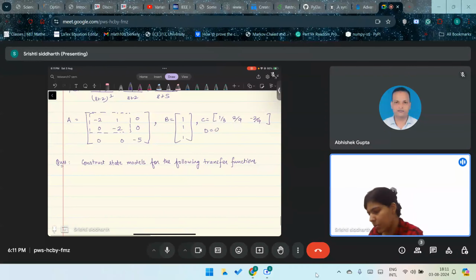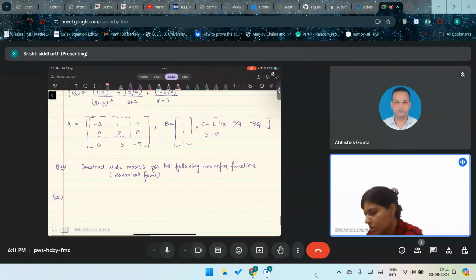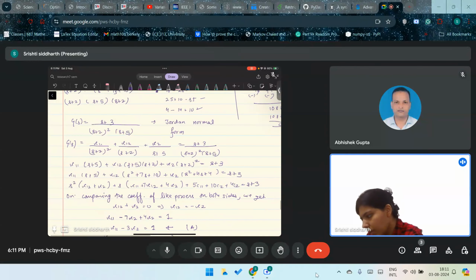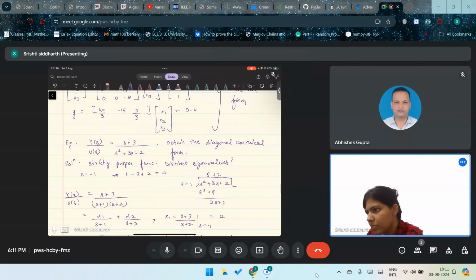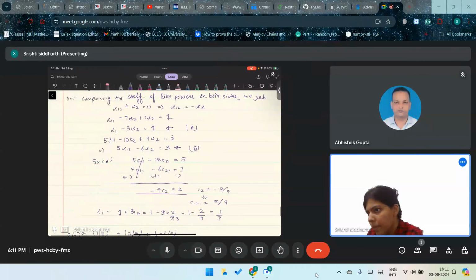So state space models, what I mean is the canonical forms, the diagonal canonical forms. So let's look at the first example. Sorry, first question.